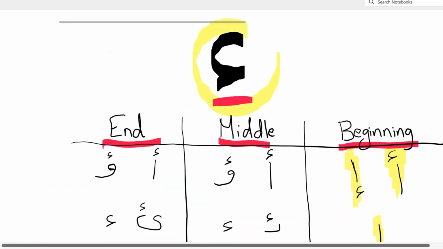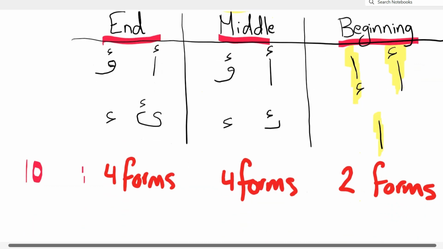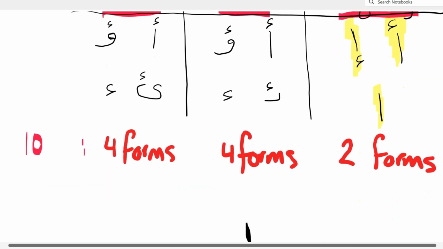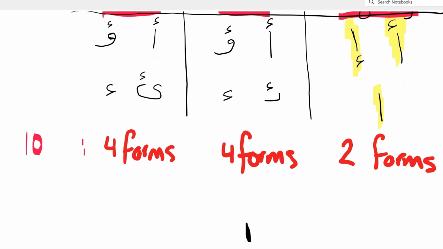They're both called hamza, but there are certain rules of how to pronounce it. We will discuss this later. In the middle, we have four forms: either on this stick right here, on the waw, or on the ya, as in the beginning of the word ya, without the dots, or separately on the line.